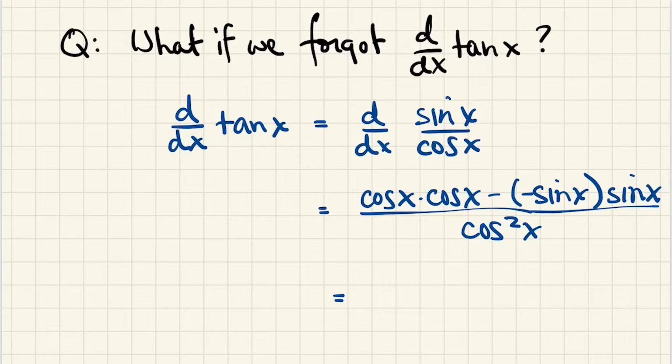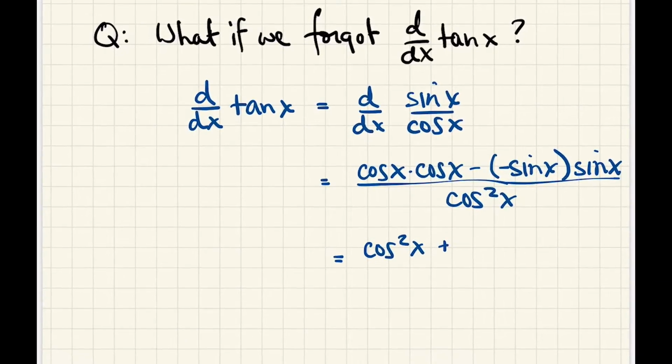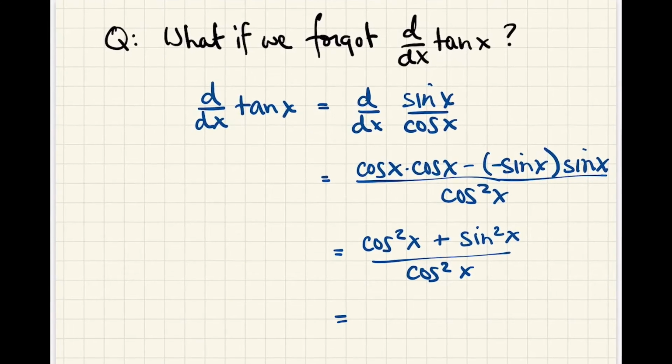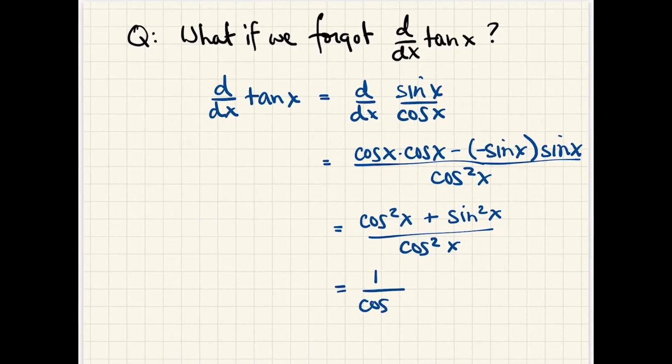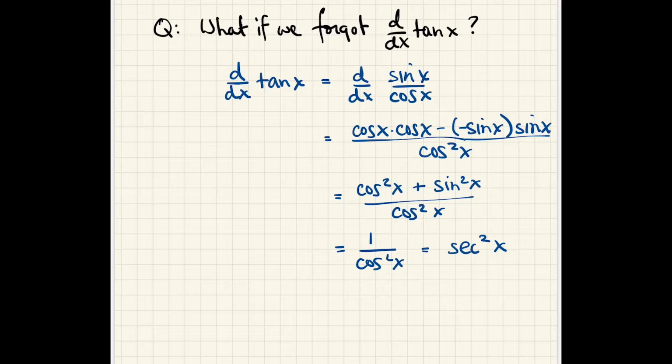So what we have is, in the numerator, cosine squared of x plus sine squared of x, all over cosine squared of x. And cosine squared of x plus sine squared of x is 1, so we get 1 over cosine squared of x. So indeed, that's secant squared of x. Yes.